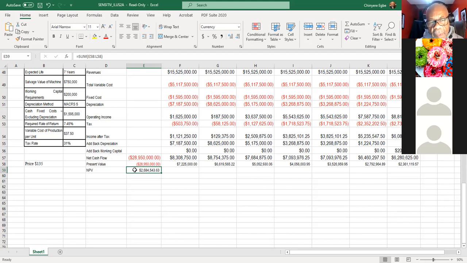And if it happens, you have to ask yourself, is it possible that it can happen? The answer is yes, it's possible. And so you have to do a simulation analysis that has all these combinations. But our purpose here is to illustrate the basic concept and the basic process of sensitivity analysis. Now, when you have all these myriad combinations, that is where you do a simulation.